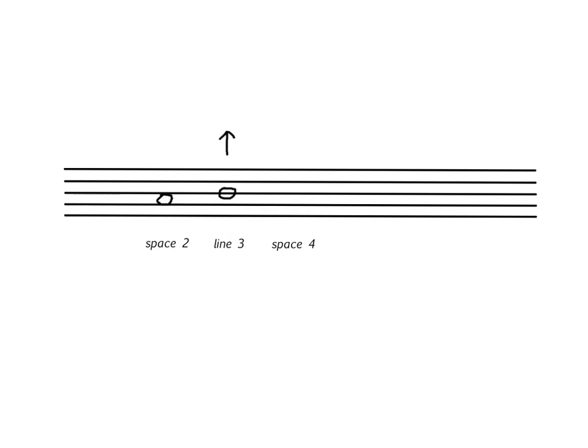So again, counting up from the bottom, we've got 1, 2, 3, and 4. Now, is this note higher or lower than the note before? Again, it's pretty obvious. It's much higher.